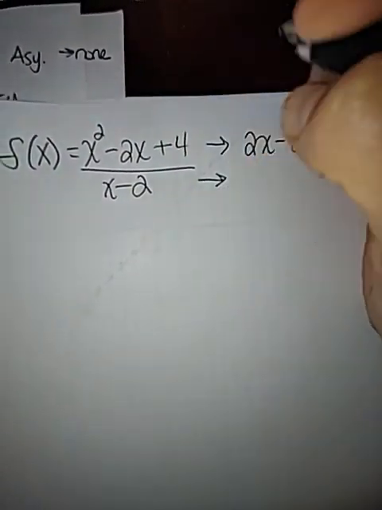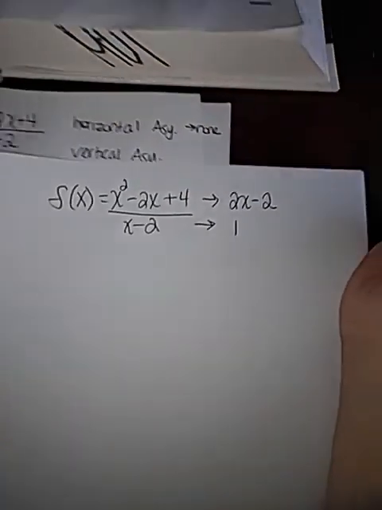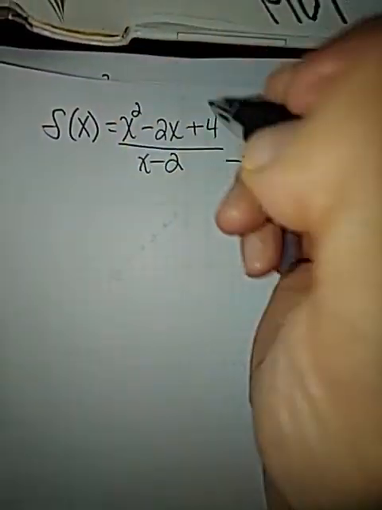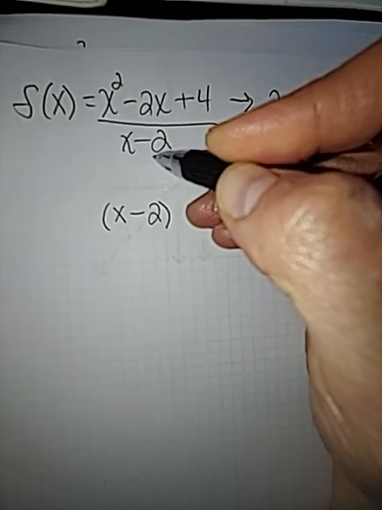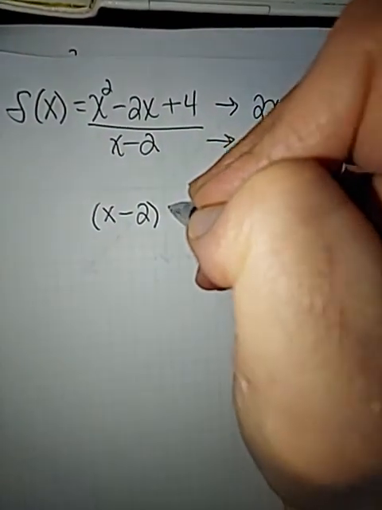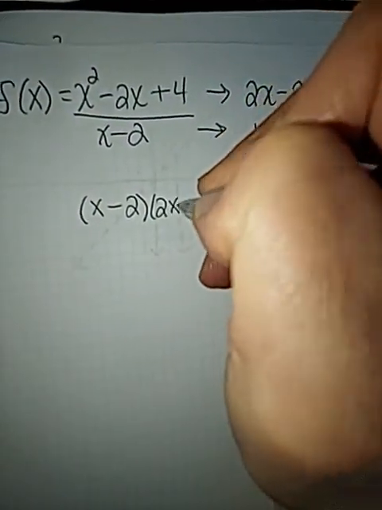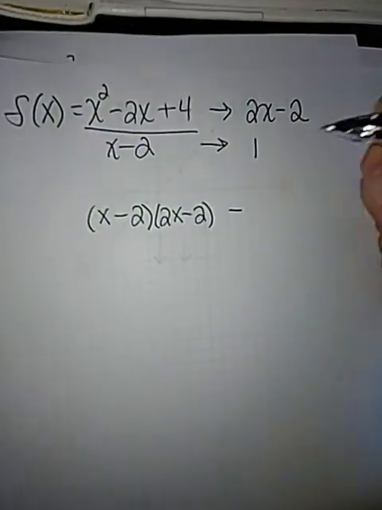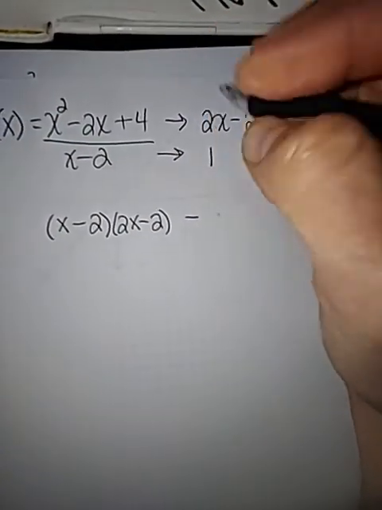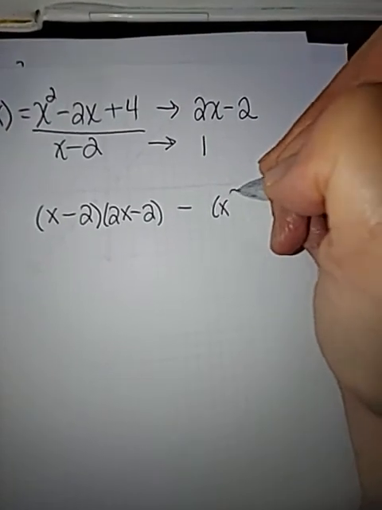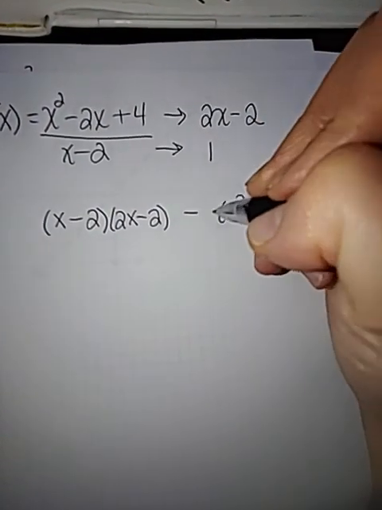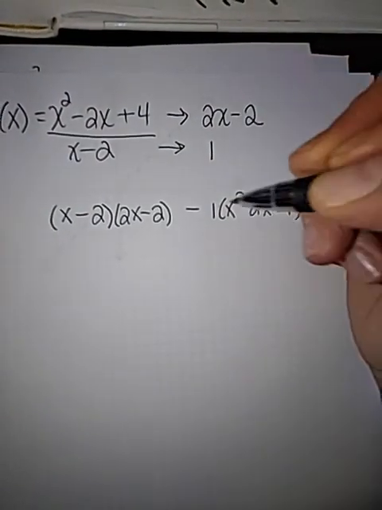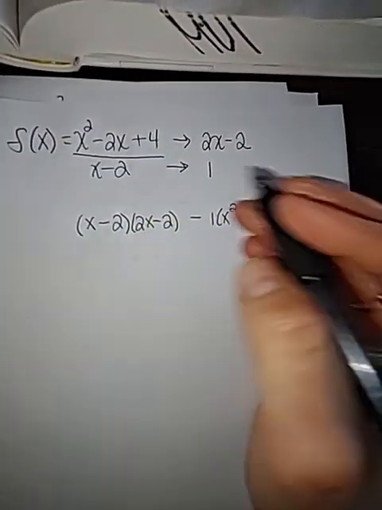The derivative of the bottom is 1. Using the quotient rule: bottom times the derivative of the top, minus top times the derivative of the bottom, and then it's all over g squared, but I'll do that in one second after I clean this all up.